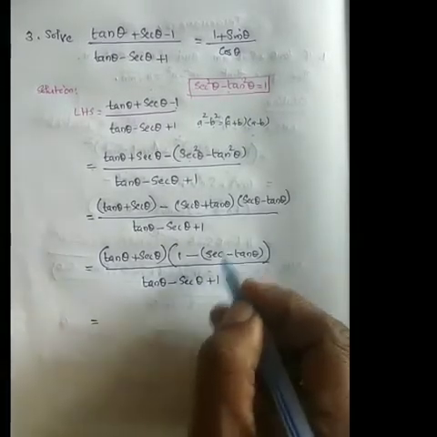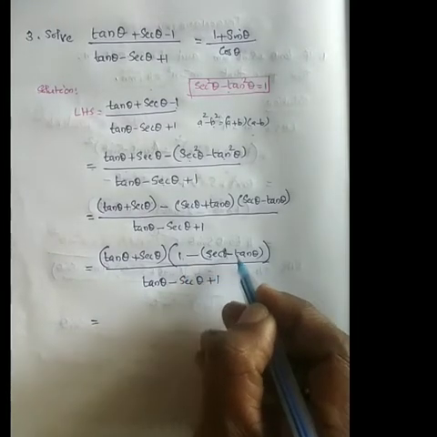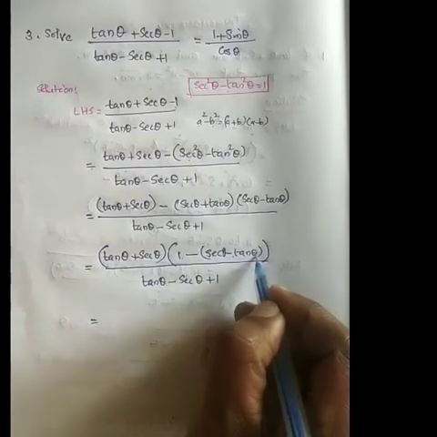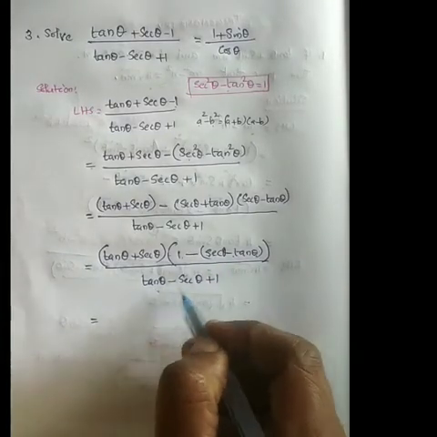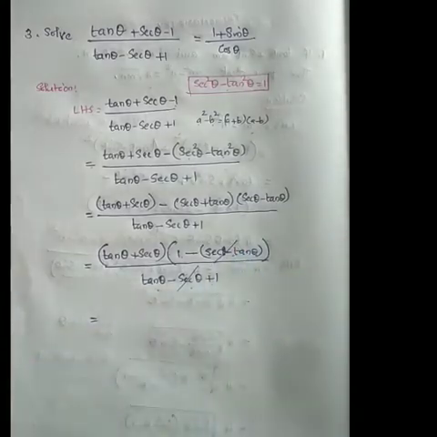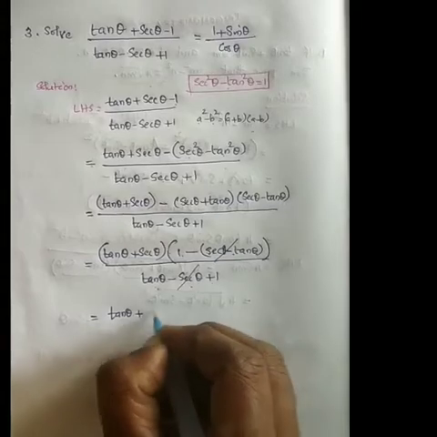See, these two terms are same: 1 minus sec theta, minus into minus plus, 1 minus sec theta plus tan theta. See, tan theta minus sec theta plus 1. These two terms get cancelled and the remaining is tan theta plus sec theta.